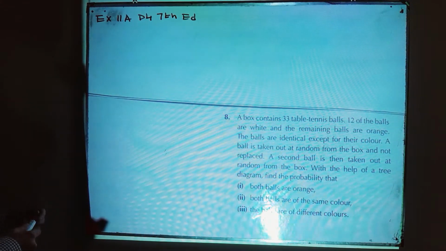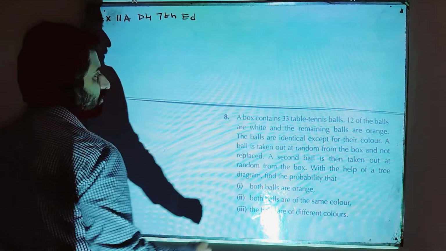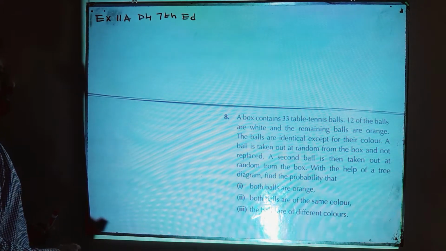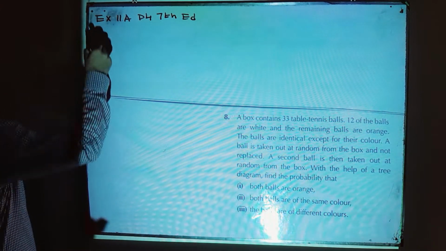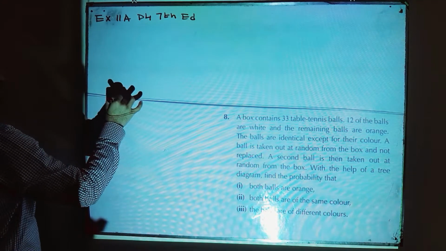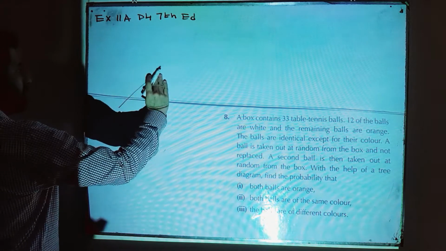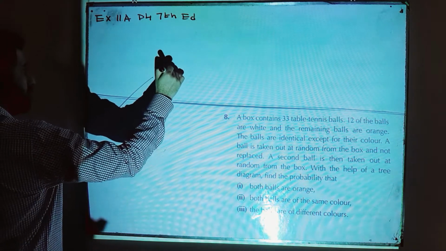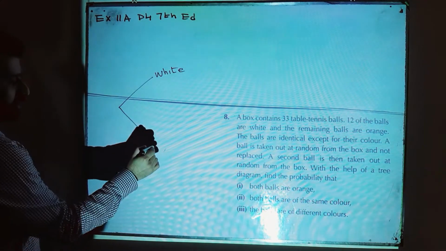So there is a box that contains 33 table tennis balls. 12 of the balls are white. So we have 12 white balls, and how many orange?